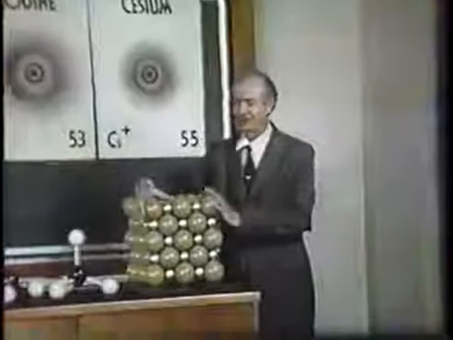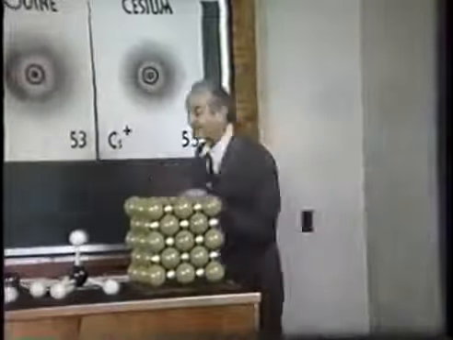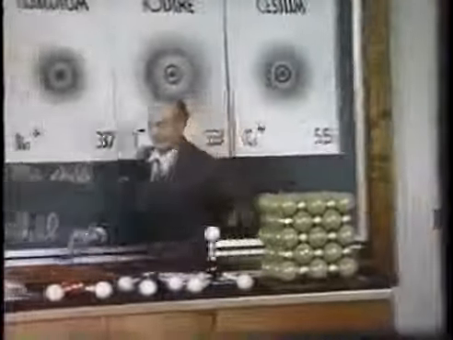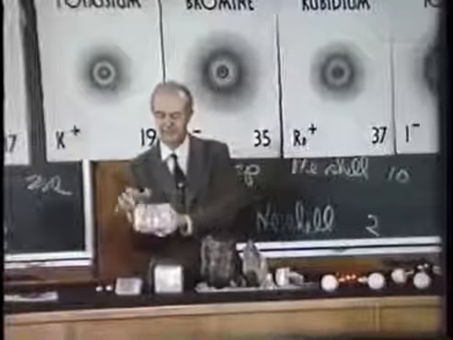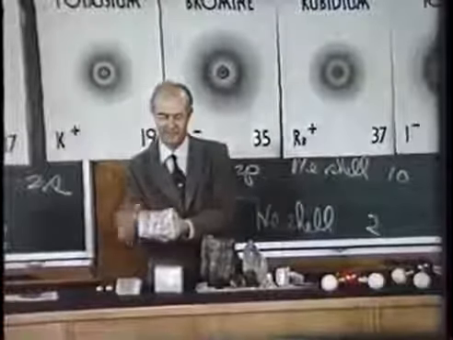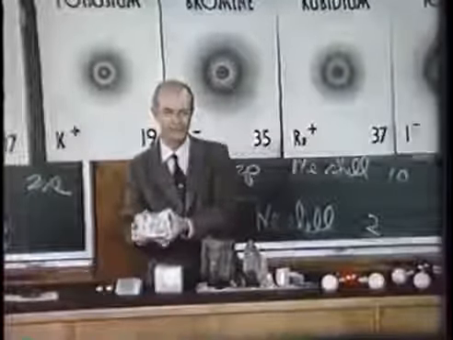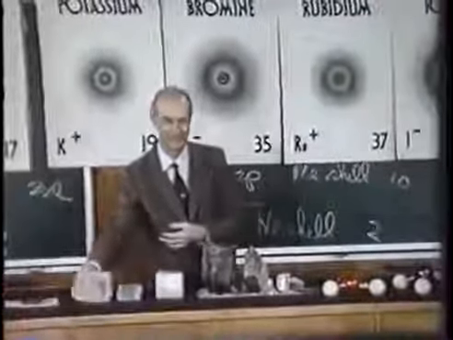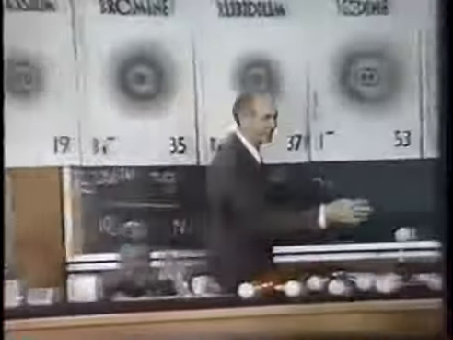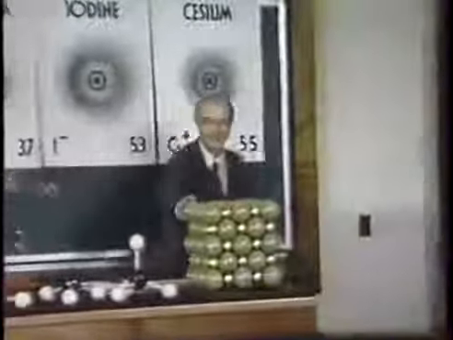If we wanted to make this model represent the structure of this crystal of sodium chloride, we would have to continue it on until it was about 3 times the diameter of the Earth. That is, its volume would be about 27 times that of the Earth if the atoms were this big.